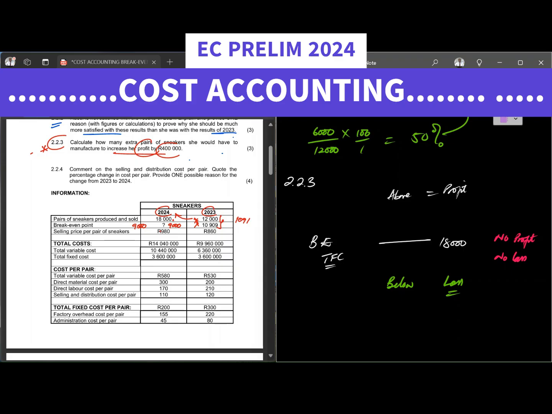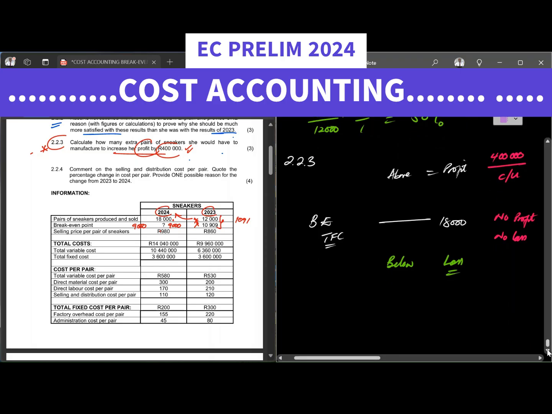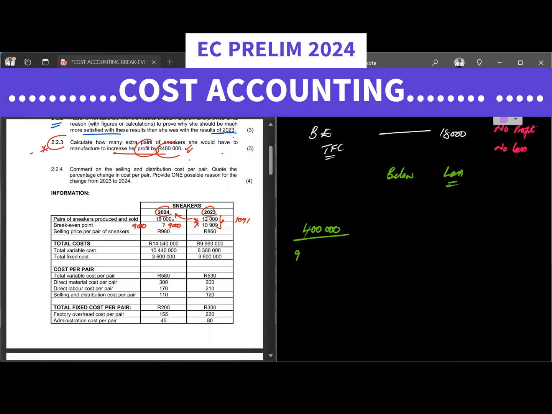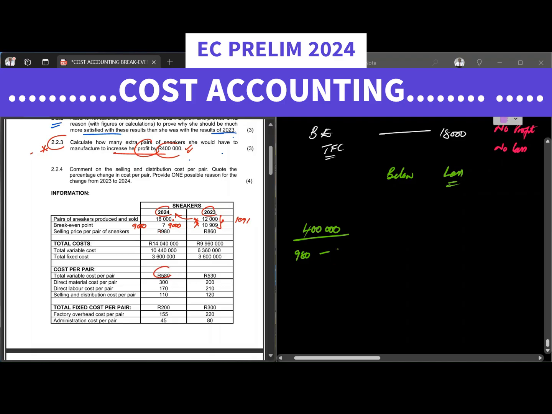So we would therefore make it very simple, where we'll take the profit that we want to achieve. Then we take that profit, which is your 400,000. We take the 400,000 and we divide it by what we call the contribution per unit. So let me come down here and do it properly. So I'm going to take the 400,000, and I'm going to divide it by your selling price per unit, which is 980 minus your variable cost per unit, which is 580.